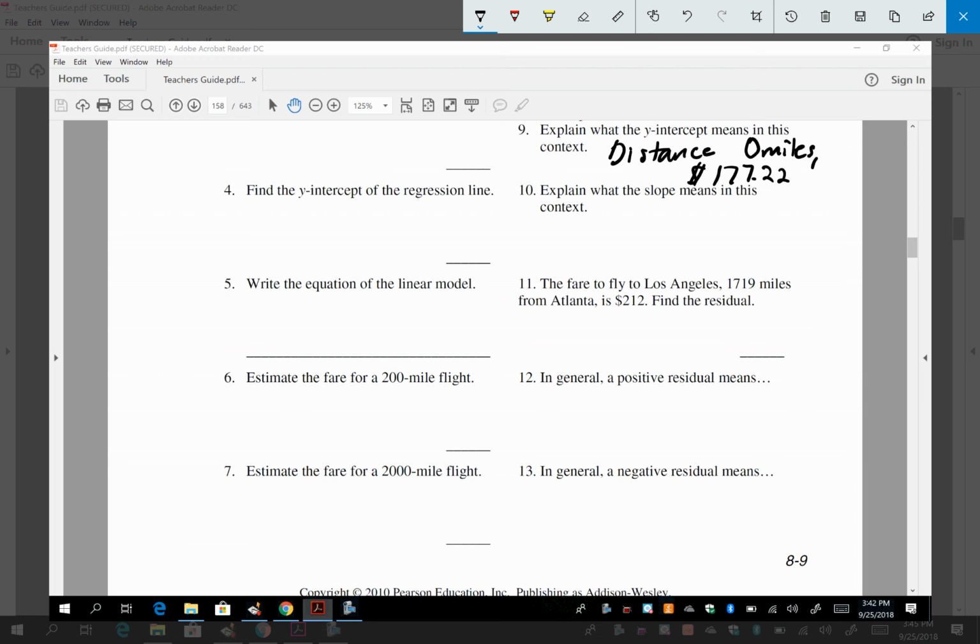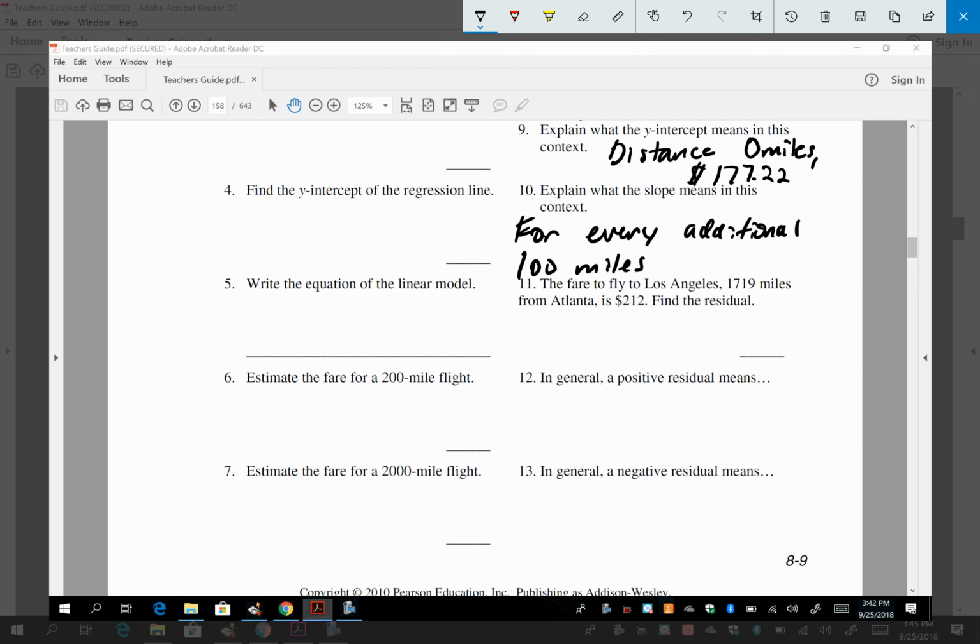Okay, so what I usually do, this is my personal preference, I like to move the decimal over. So I move it over 2 places, and I say for every additional 100 miles. So instead of 8 cents, what if I move that over 2 places? It's going to be $8.